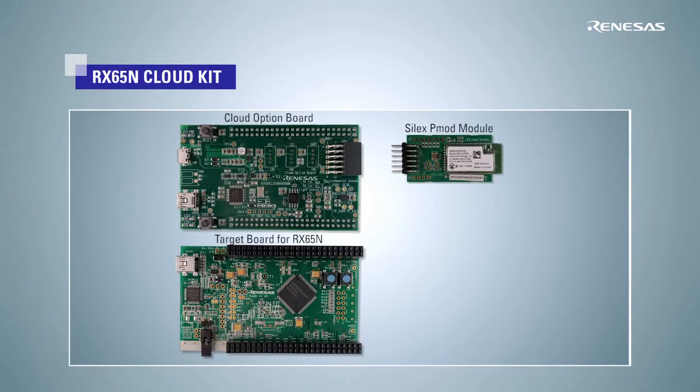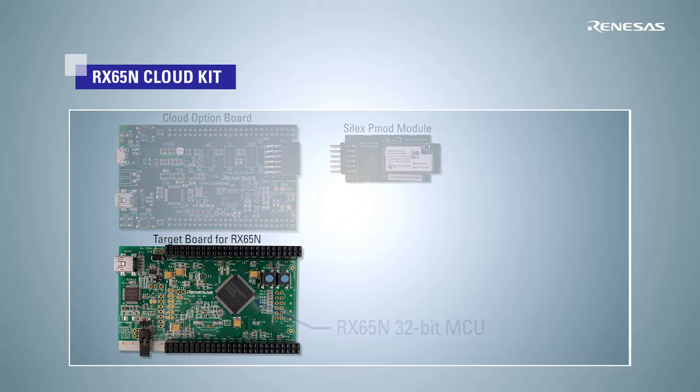The RX65N Cloud Kit is a comprehensive solution kit that integrates the Renesas high-performance 32-bit MCU, multiple sensors, and a wireless connection. This kit consists of 3 boards. The Renesas RX65N high-performance 32-bit MCU is mounted on the target board.